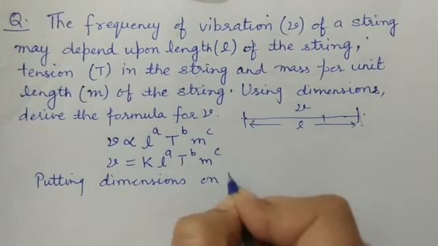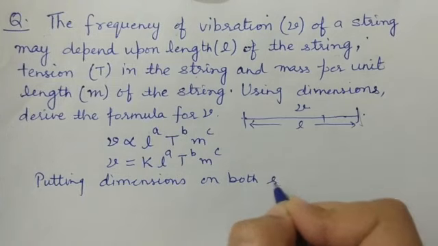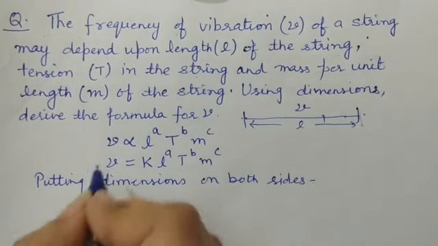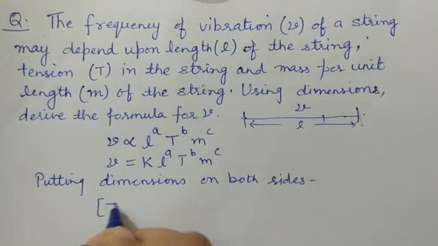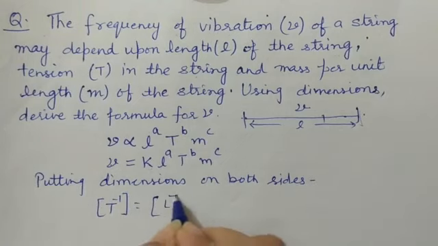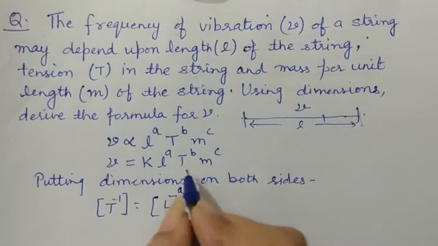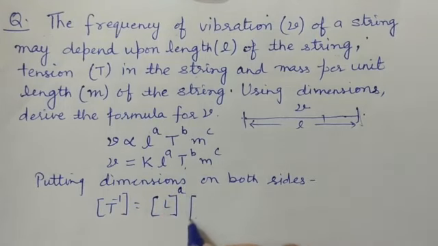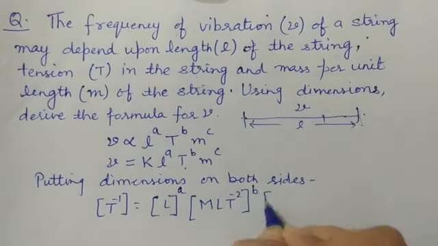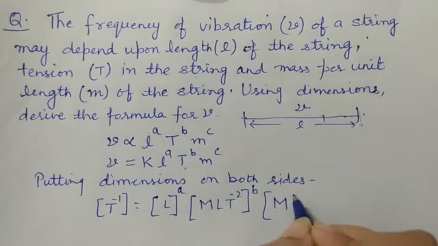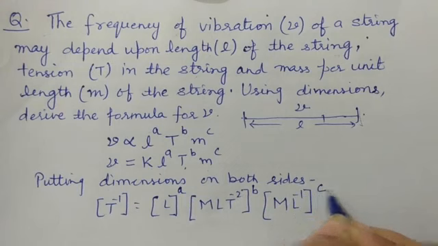Nu is frequency, so its dimension is T^-1. We will not take k. Length is L^a. Tension is force, so we put the dimension of force, (MLT^-2)^b. And here m stands for mass per unit length, so we write (ML^-1)^c.